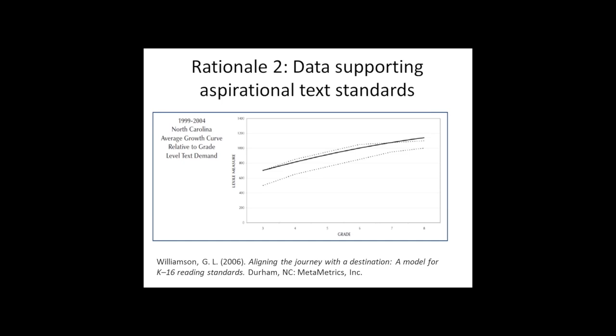And from this, what you can see is that there seems to be kind of a ceiling effect going on, with kids not going significantly above what they were exposed to. During this period, North Carolina was actually doing incredibly well. But this partly is the rationale for increasing text complexity.